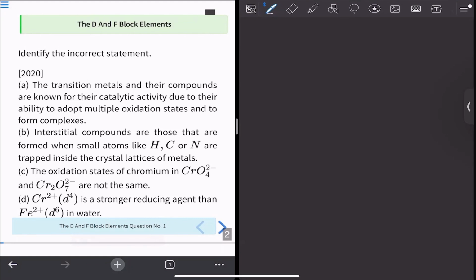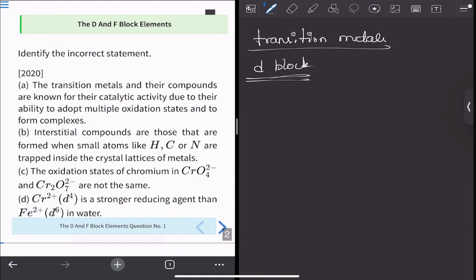We know that transition metals are mainly the D block. Let us consider the D block. They have the configuration of argon 4s1 or 2 and 3d 1 to 10.